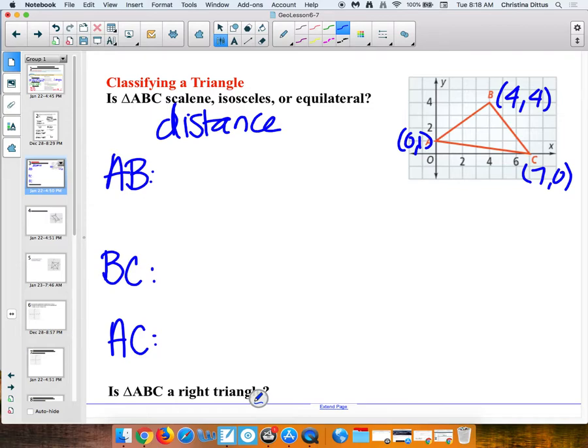Okay, and you're doing AC. Subtract your x's. So 7 minus 0 squared is 7.